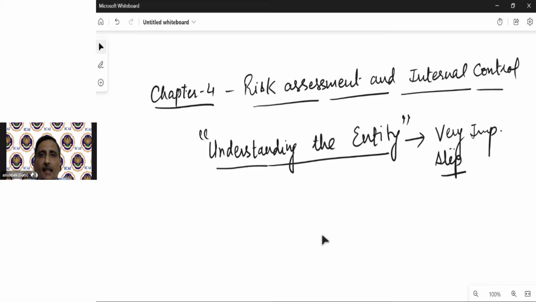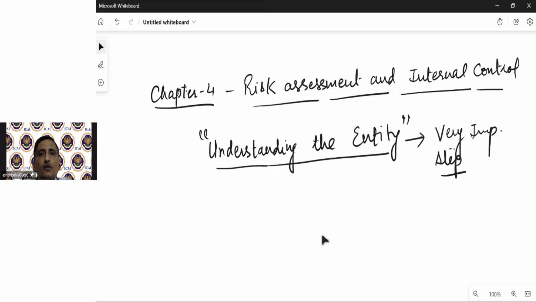Unless and until he is able to understand the nature of the company, its operations, its business fields, its main shareholders, its investment pattern, he would not be able to do justice to his audit.